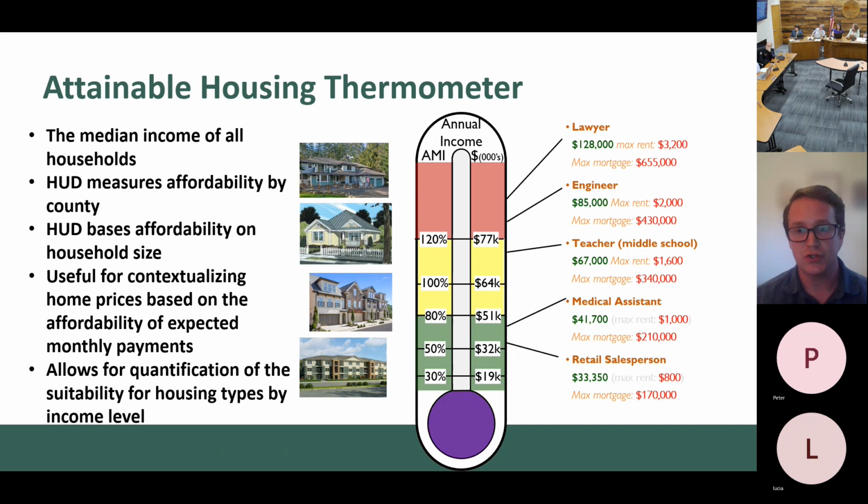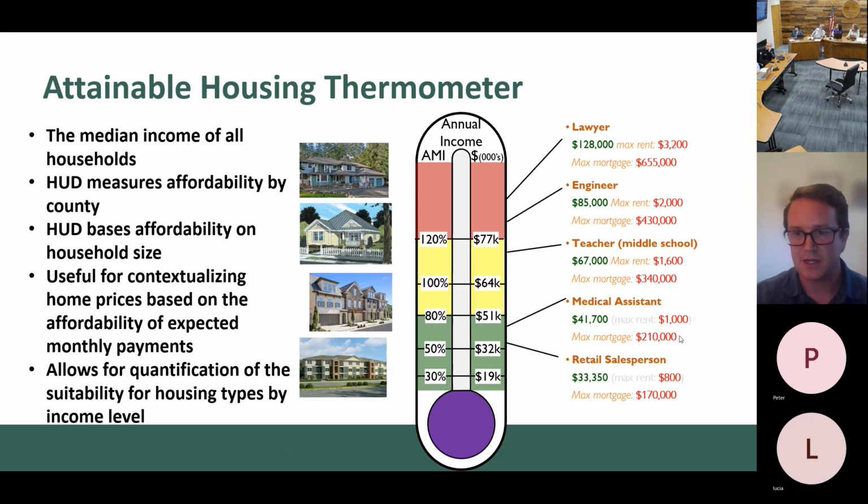Once we get down to teachers who are making $67,000 and medical assistants making $41,000, we're probably barely at a point where we can afford a home, with a max mortgage of $340,000 for that teacher and $210,000 for the medical assistant. So at that point, we're probably looking at rents. So about $1,000 for rent for a medical assistant, and then a retail salesperson.